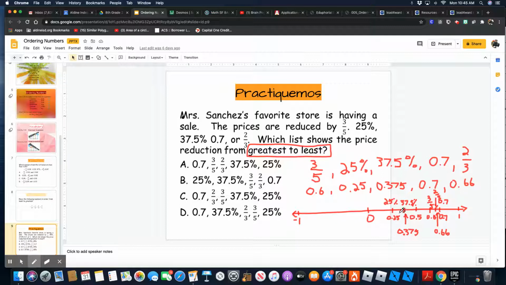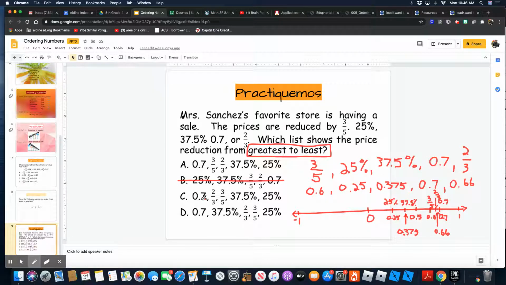Okay. So we want from greatest to least. So remember, if I'm looking at my number line, my greatest numbers are going to be to the right. My smallest numbers or least numbers are going to be to the left. So I need to start with my greatest number, right? Which was 0.7. So if I look at my answer choices, I know that my greatest number is 0.7. So I can automatically eliminate B. It can't be B because it has to start with 0.7.